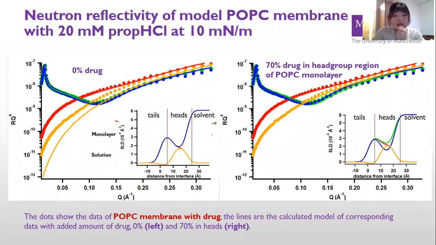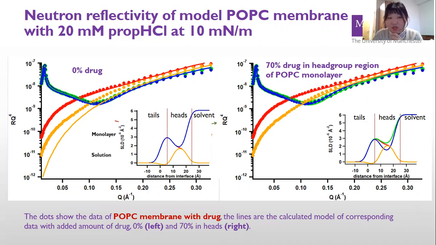The data here is the POPC membrane interacting with 20 millimolar drug. It is the same data but with different models. On the left, it shows the model of no drug, and on the right, it is the best model that fitted the experimental data.